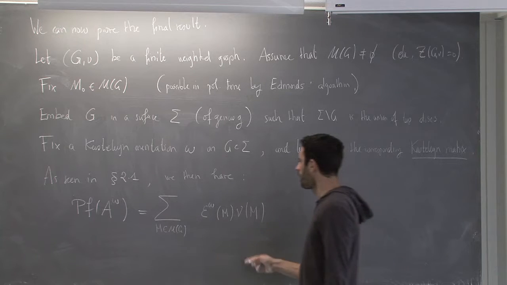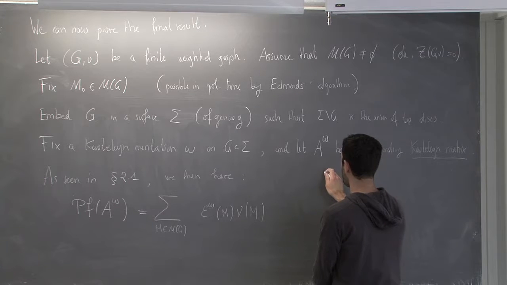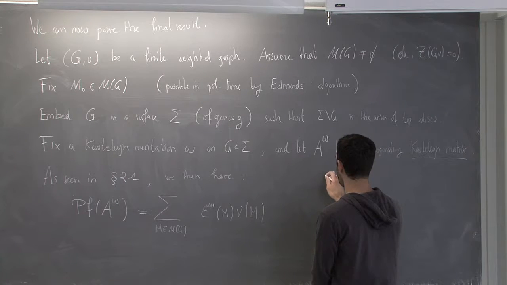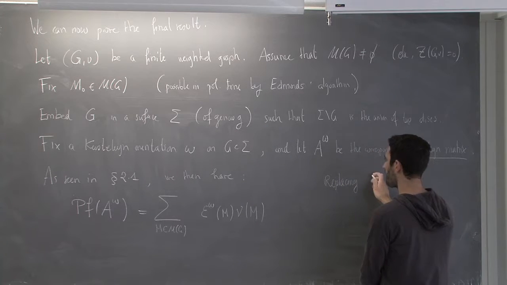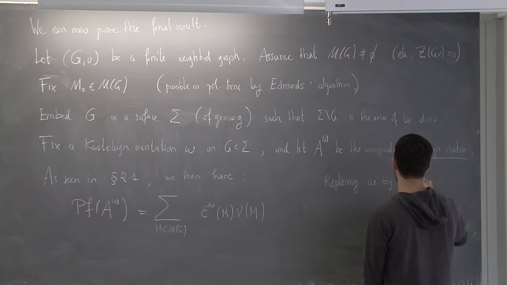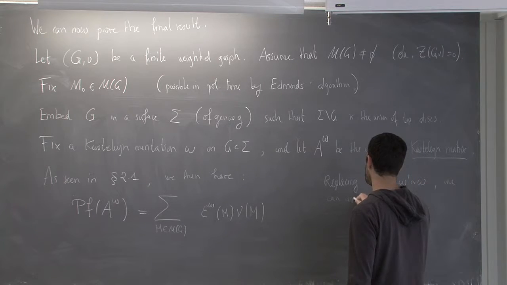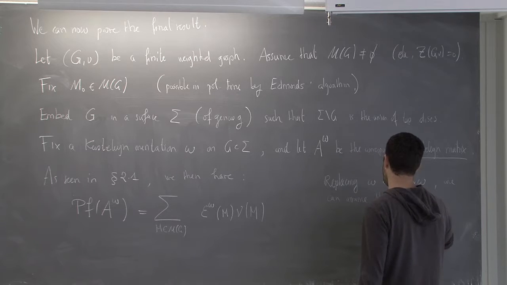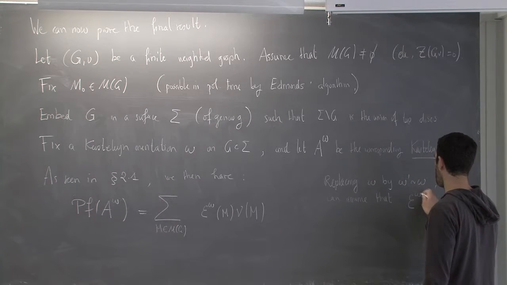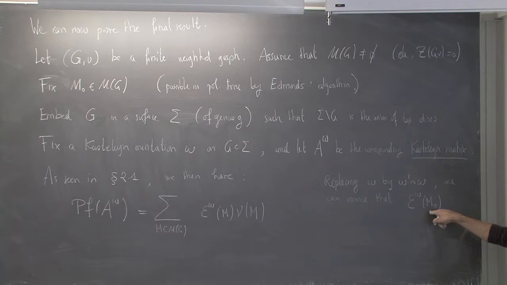So now what we can do is, replacing omega by omega prime, which is equivalent to omega, one can assume that the sign associated to this reference perfect matching is equal to 1.